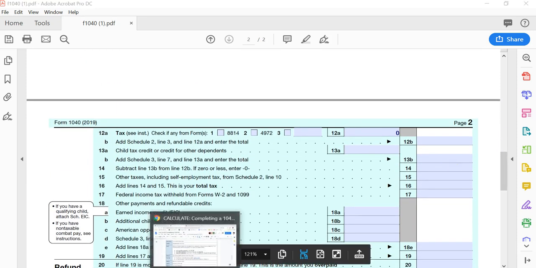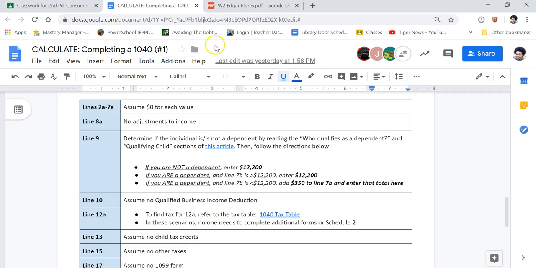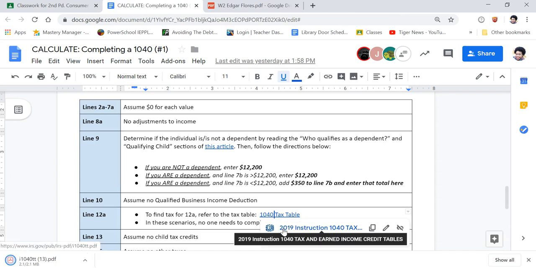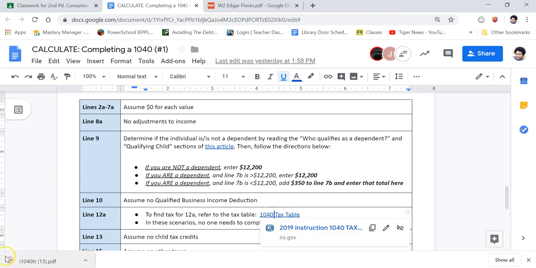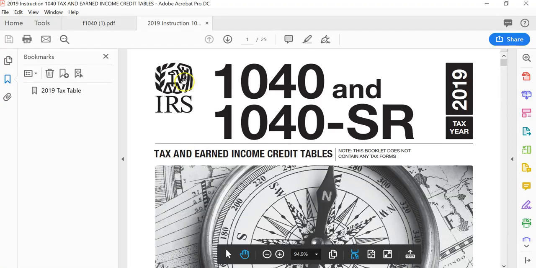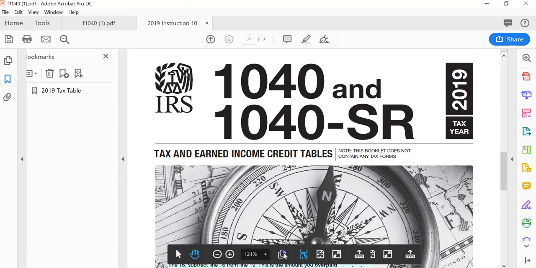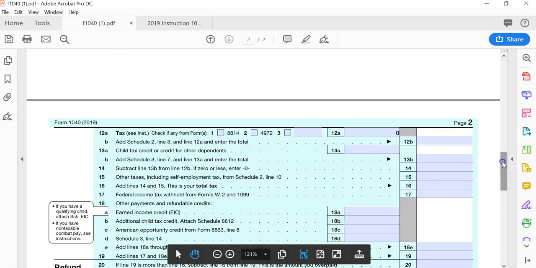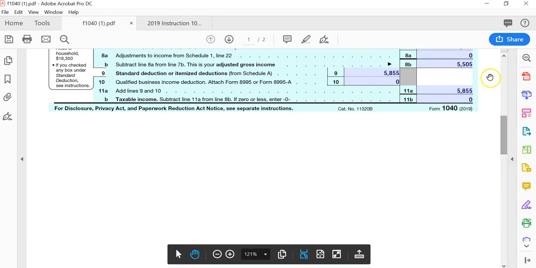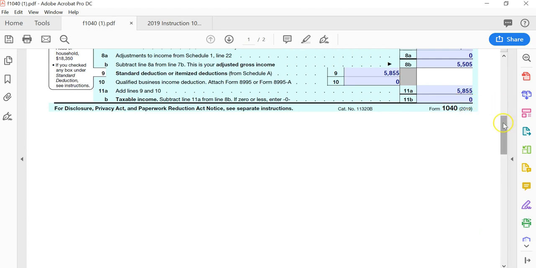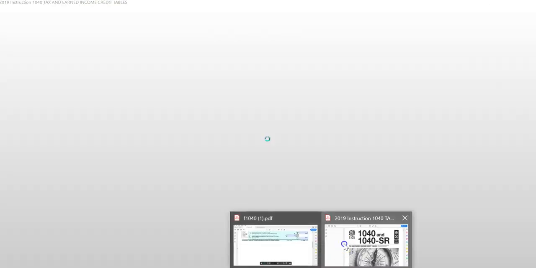So just so you're aware, if you go back to this assignment, there's a link here to the tax table. You would look up that number that's on that line, which is, once again, 11B, whatever you have here for 11B, on the tax table.